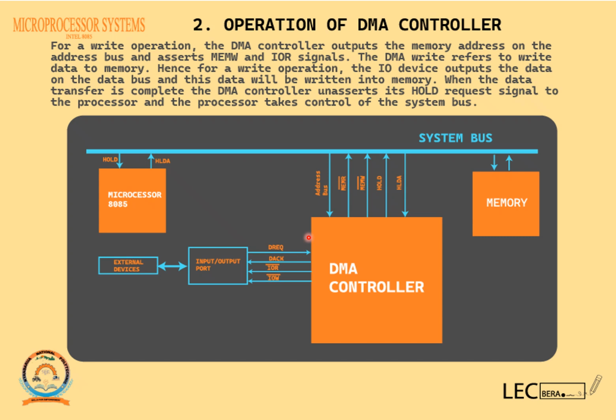So the first thing we are going to do is to assert memory read low, and another thing we are supposed to assert is input output write low. This one will allow us to read data, and this one will allow us to store data. That is when we are exchanging data from the memory to external devices, and that is what? Memory read operation.